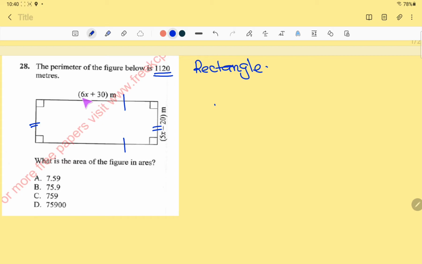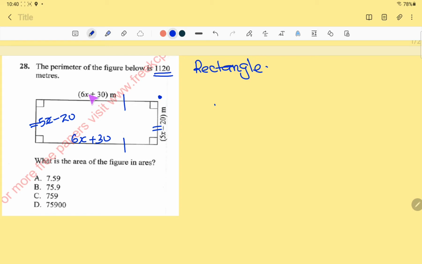If this side is 6x plus 30, also this side will be 6x plus 30, and this side will be 5x minus 20, and the perimeter is 1120. We know that perimeter is all the way round. From this point you go round and then back to this point.